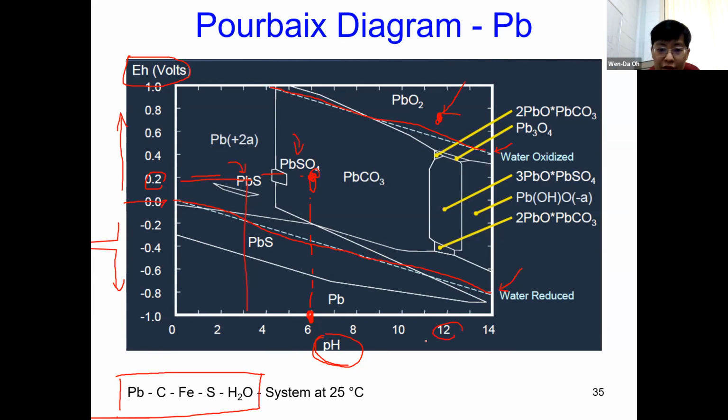Similarly, if you have pH 12 and the ORP is negative 0.8, your water is reduced. There is no point considering this in your water because water cannot exist at this condition.